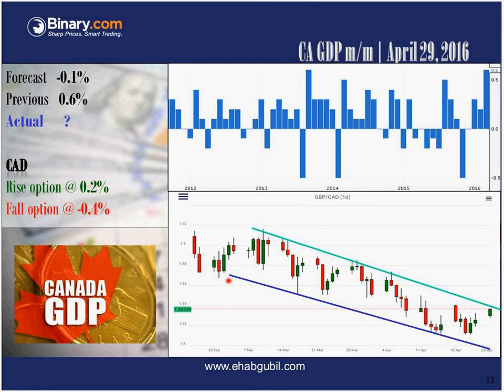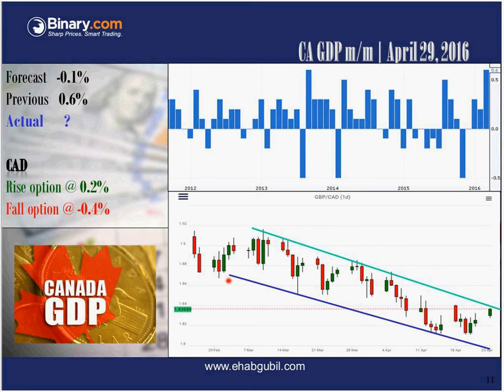If the market doesn't react, if it's pound Canadian dollar, it would be around 50 to 60 pips. If we don't see any instant reaction to this release, we should not enter the market or make any trade.